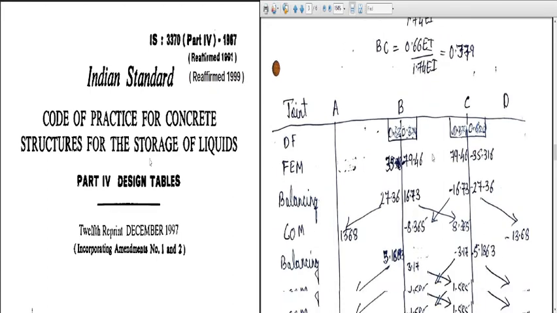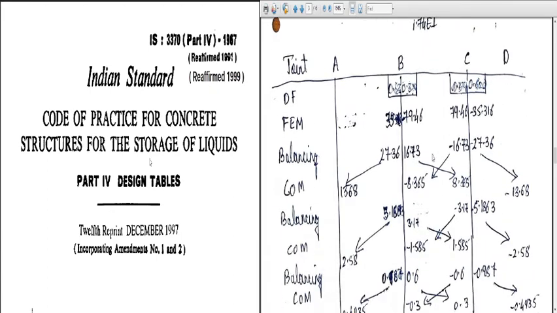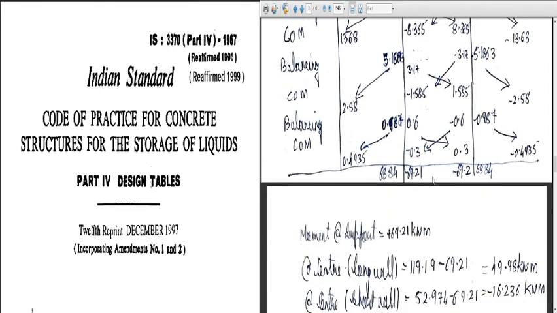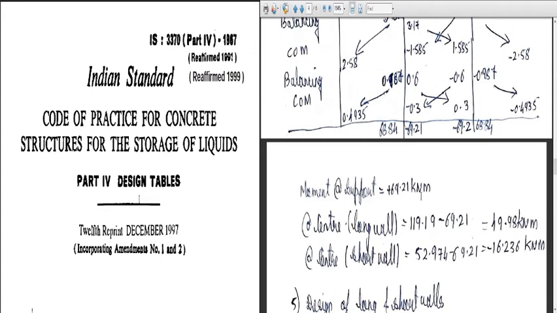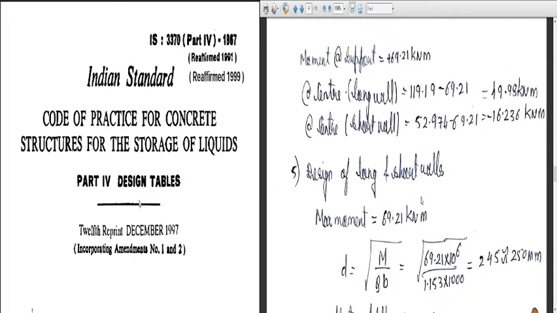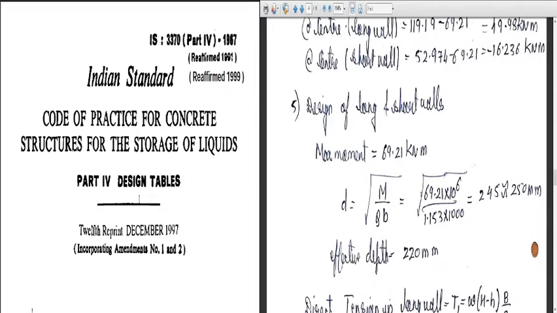So we prepared a table and computed the moment distribution, and we came across the answers. The moment at support was 69.21 kilonewton meter, the moment at the center of the long wall was 49.98, and the moment at the center of the short wall was 16.236 kilonewton meter. So design was done for long wall and short wall separately.